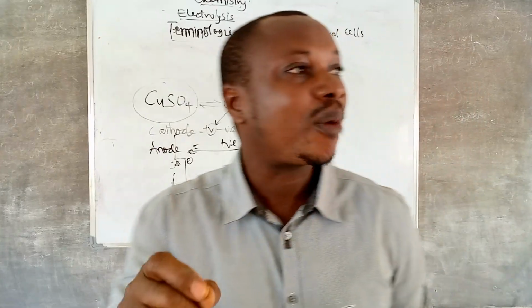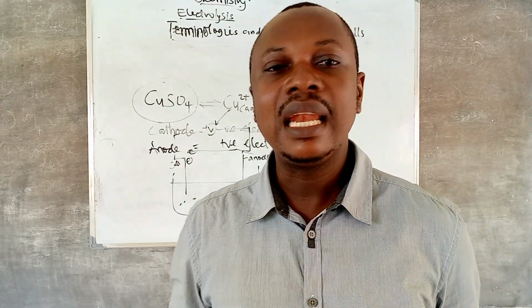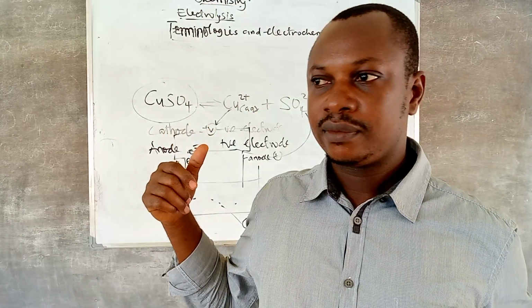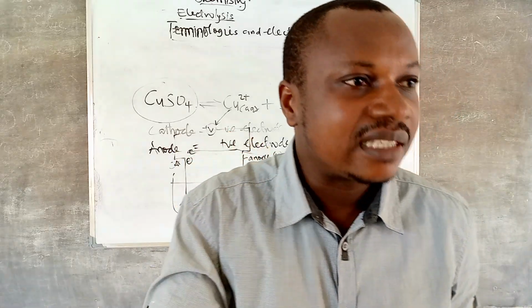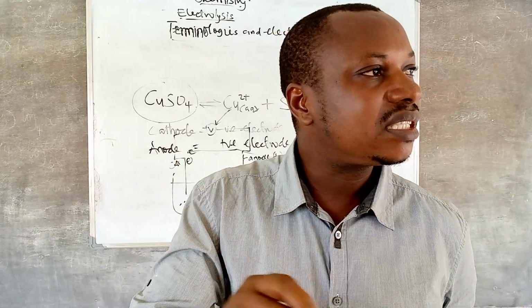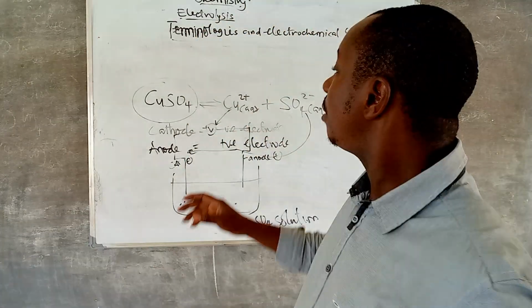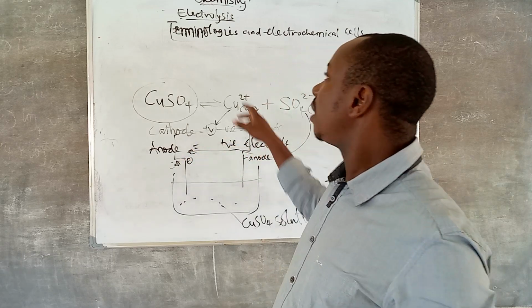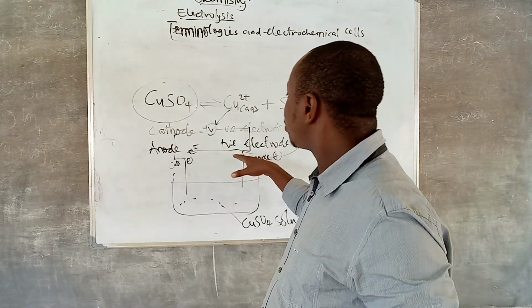But it has some differences from the electrolytic cell. Remember, if I'm talking about an electrolytic cell, I'm talking about electrolysis. The difference between the electrolytic cell and the electrochemical cell is this. I told you that the cathode is the negative electrode in an electrolytic cell, and the anode is the positive electrode.